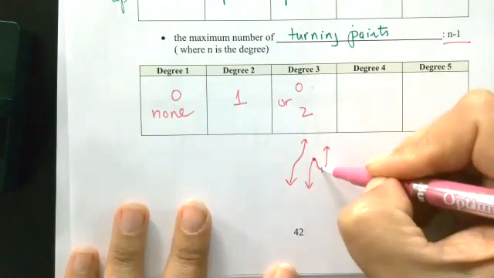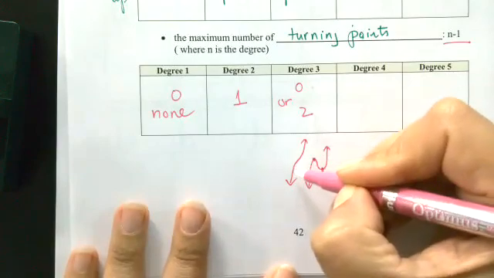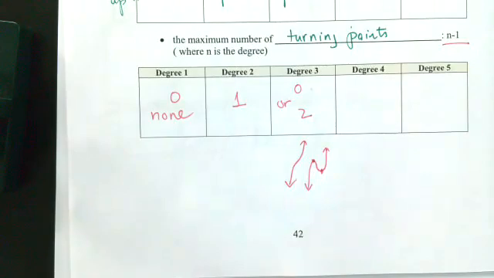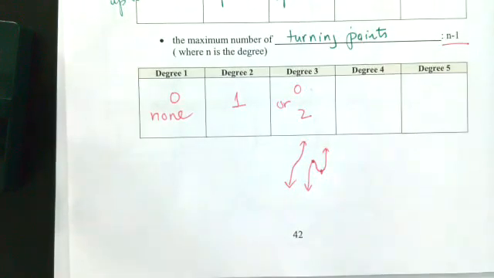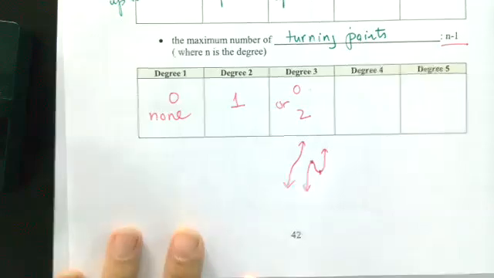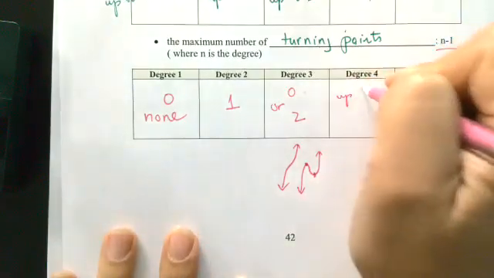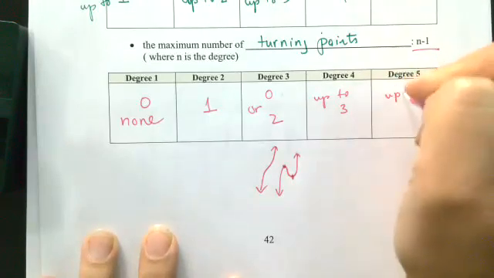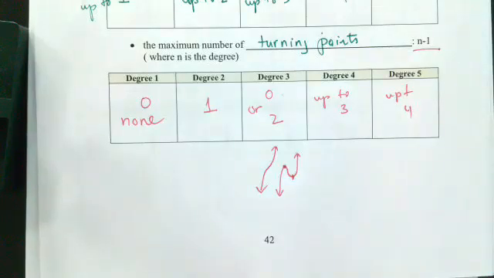So this one has 2, this one has none, because it doesn't change from increasing to decreasing. It just kind of goes to the right a little bit, but not up, down. Degree 4 up to 3, degree 5 up to 4.